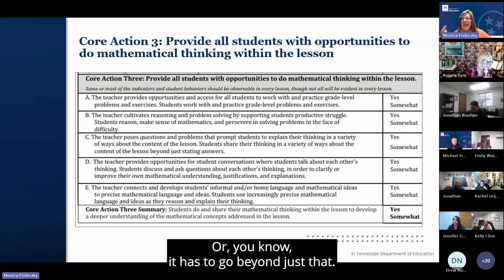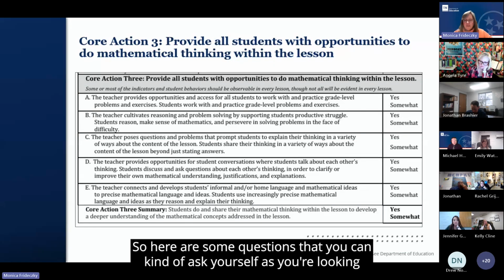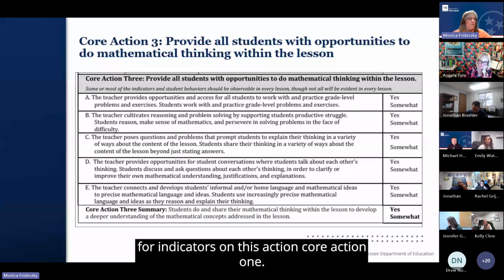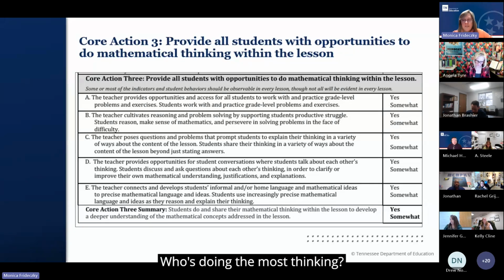It has to go beyond just that. So here are some questions that you can ask yourself as you're looking for indicators on this core action. One, the main question is, who's carrying the cognitive load in this classroom? Who's doing the most thinking?